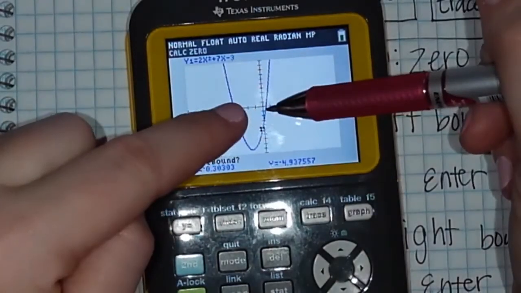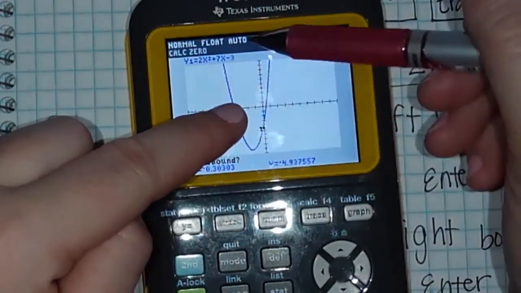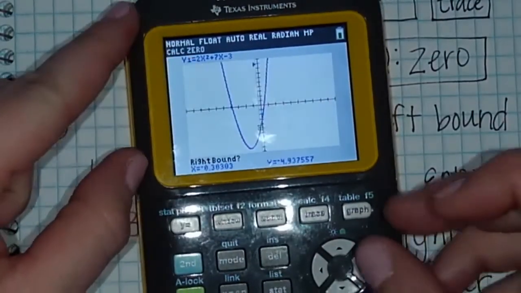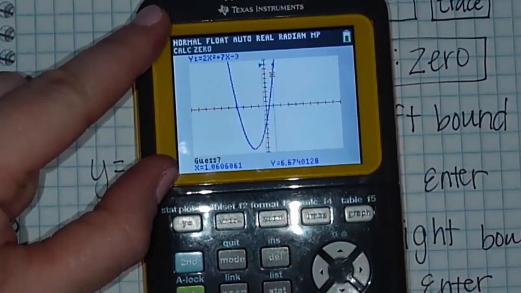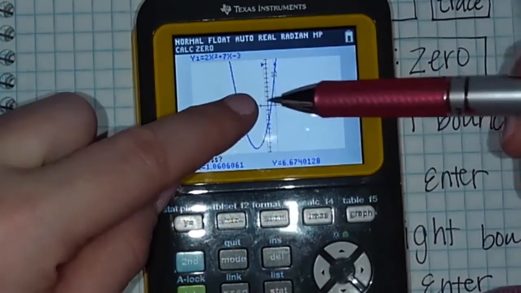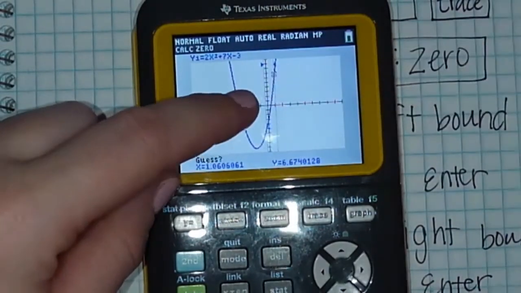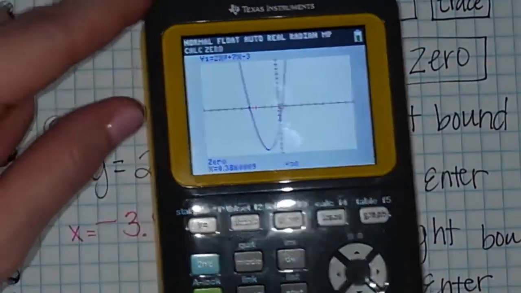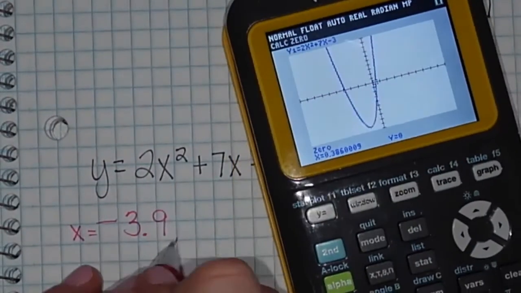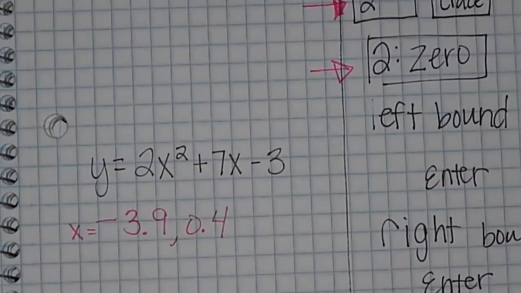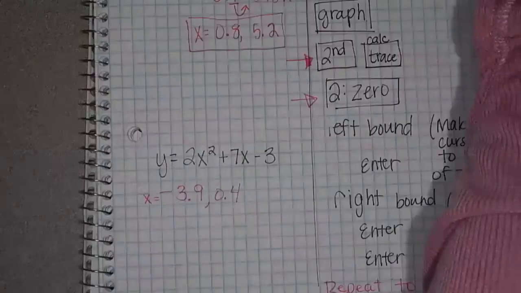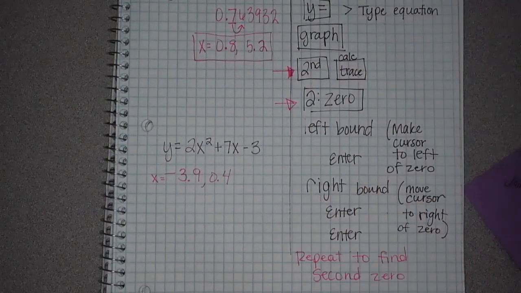So if this is my zero, I need to be on this side of it. So I'm going to hit enter, move up to the right, enter. Notice you can see that it's between those two lines, and press enter again. And it would be 0.4. Again, if you need help, let me know.